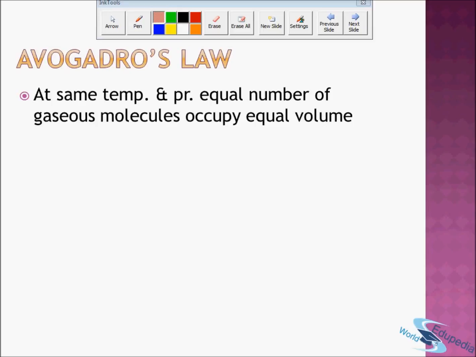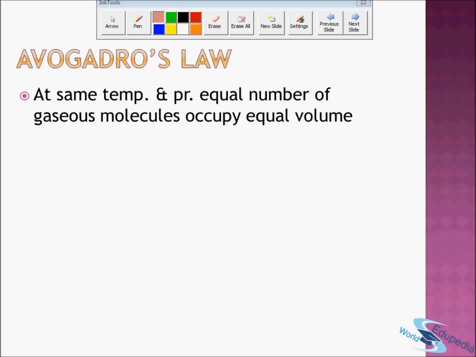So basically he didn't say anything about the type of gas. He didn't say anything about any other condition, about the location or altitude of the gas, or any other concept or formula which is needed over here.